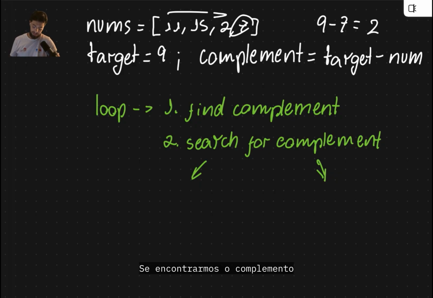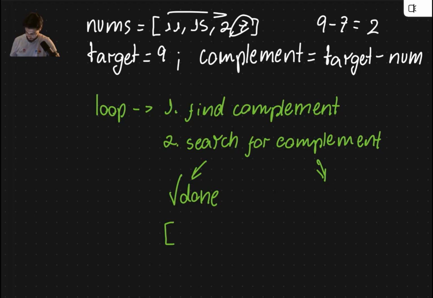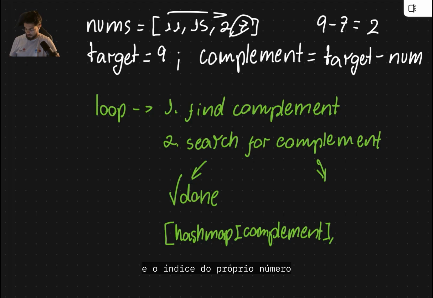If we find the complement, problem solved, it's done. We found the two numbers, and we are going to return an array with the index of the complement, so it's going to be the hash map, the index of the complement, and the index of the number itself. We're gonna call it i here.